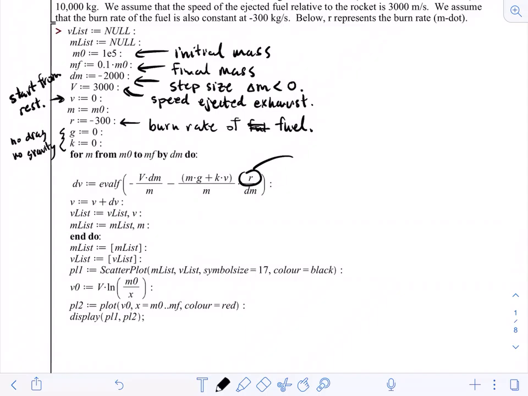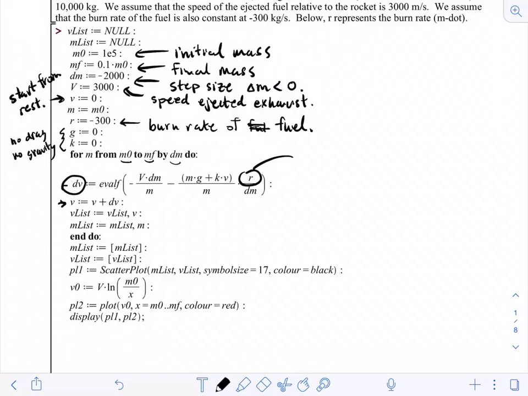And so here's just the loop, which is really just going to iterate steps 2 and 3 that we wrote down. So we're going to iterate from m0 to the final mass by steps of delta m. For each step, we're going to calculate the change in velocity, and then update the velocity. It's going to be v plus the change in velocity, and that's it.